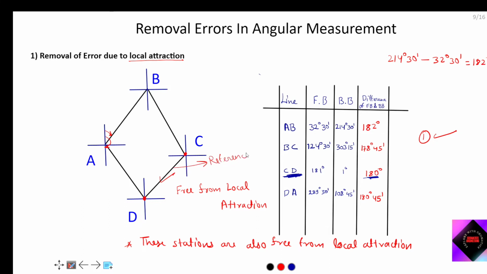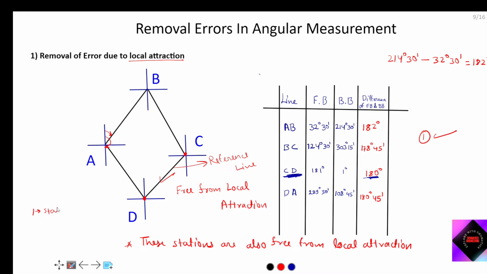And if CD is free from local attraction, then our two stations which lie on CD are also free from local attraction. And from one station we have collected two readings.